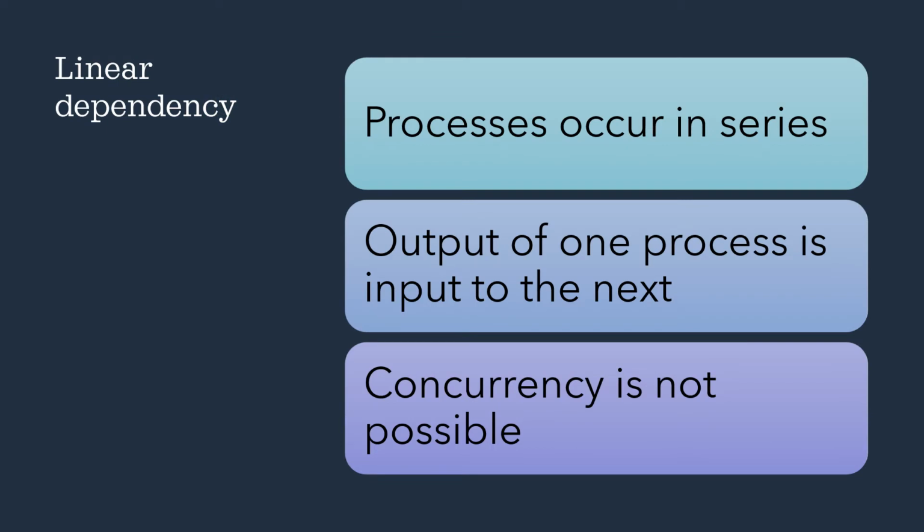So the opposite of concurrency is linear dependency. In a situation with linear dependency, the processes must occur one after the other. They can't happen at the same time. That occurs when the result of one process is needed to start the next process. And when that's the case, you can't use concurrency.